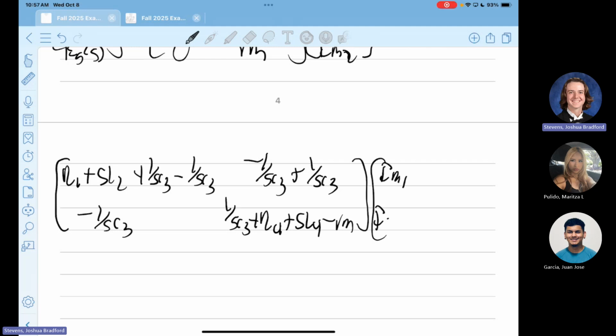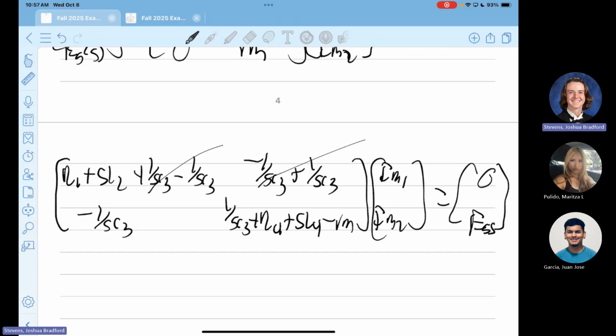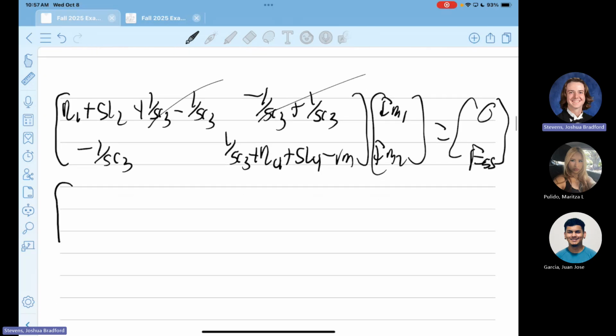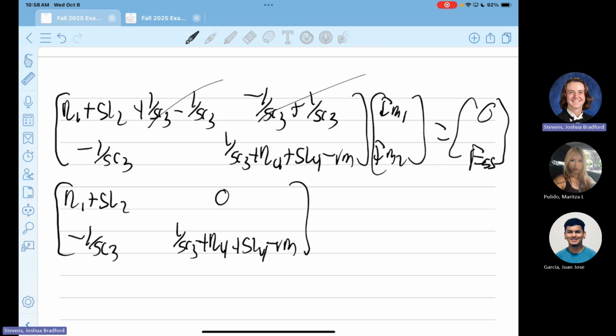And that becomes IM1, IM2 equals 0, EG of S. Well, I can cancel out 2 terms. Boom, boom, gone. Everybody see that? Make sense? Sweet. I'm going to rewrite the equation. That's 0. That's 1 over SC3 plus R4 plus SL4 minus RM.